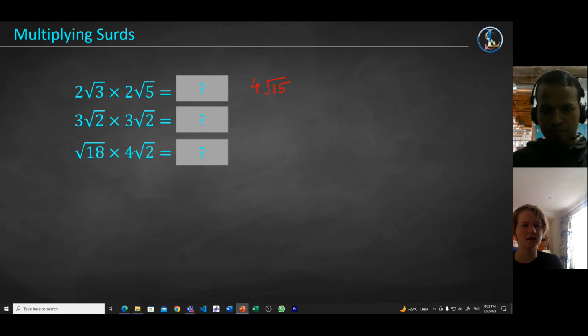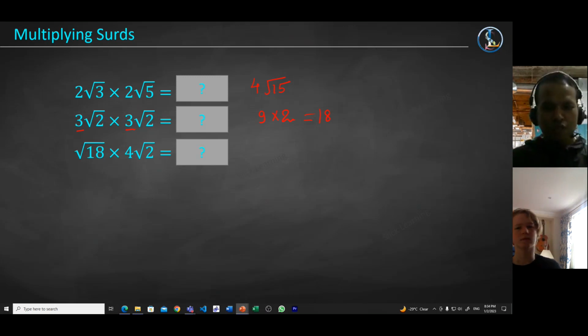That would be 3 square root 2. No, because wouldn't you, I know it's 3, 9, but wouldn't you square root that? So it's going to be 18, right? Oh yeah, it would be 18. My bad.